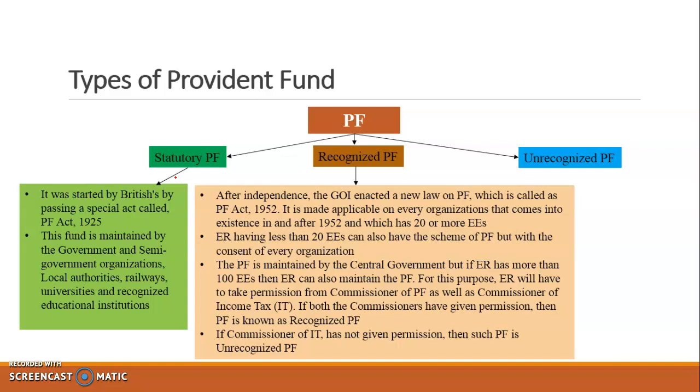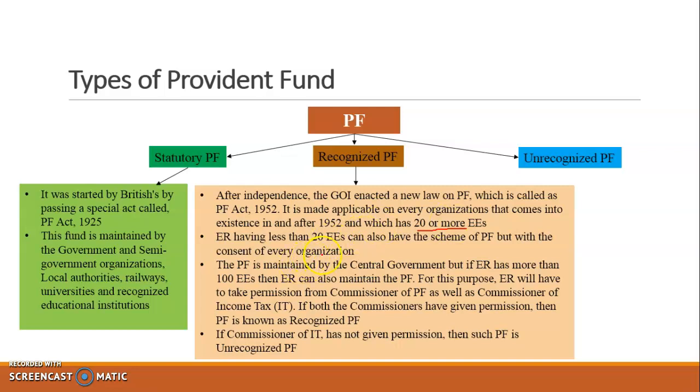Recognized PF. After getting independence, the government of India enacted a new law on Provident Fund, called the PF Act 1952, and it is made applicable on every organization that comes into existence in and after 1952 and which has 20 or more employees. So every organization which has 20 or more employees has to follow the recognized PF procedures and all the rules and regulations.